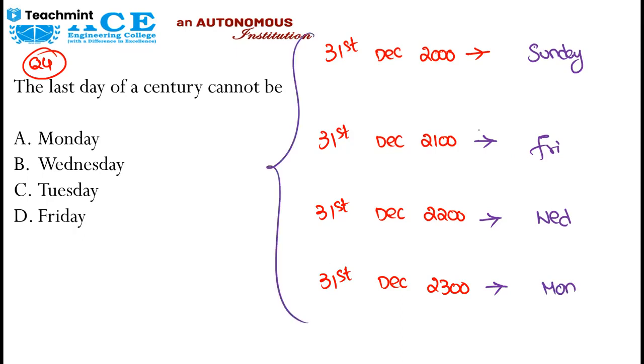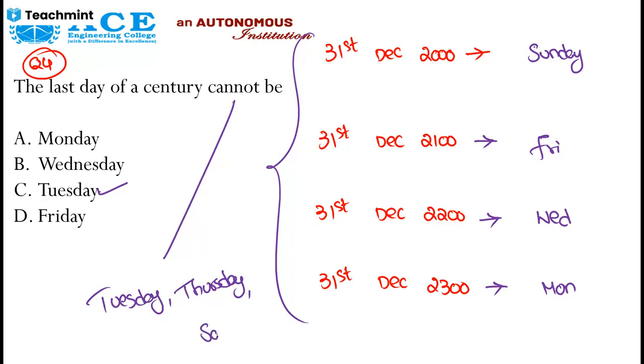So last day of century can be Monday, can be Wednesday, can be Friday. Cannot be Tuesday, cannot be Thursday, cannot be Saturday. For info, all this cannot be.